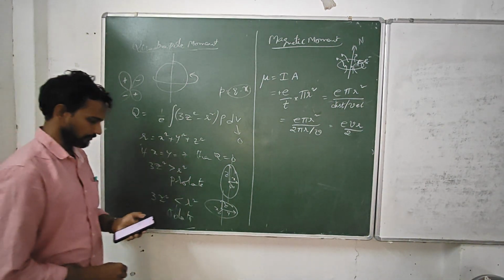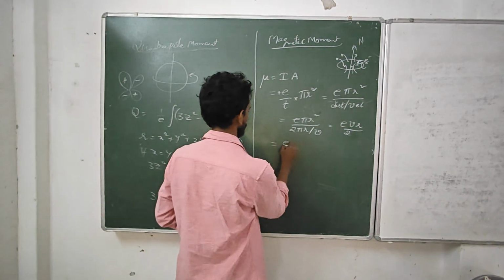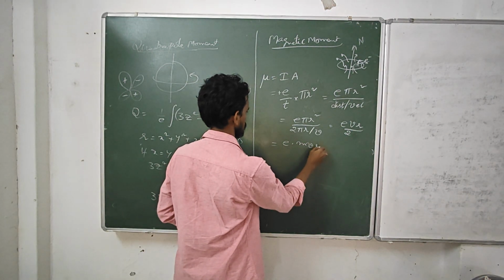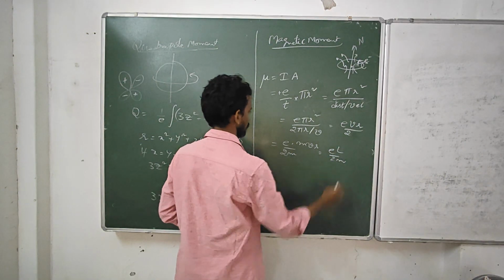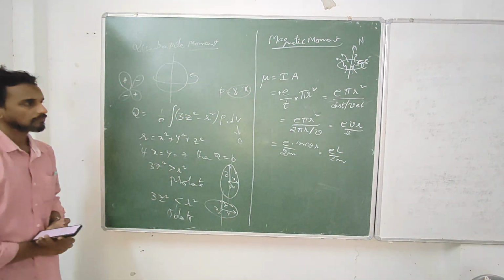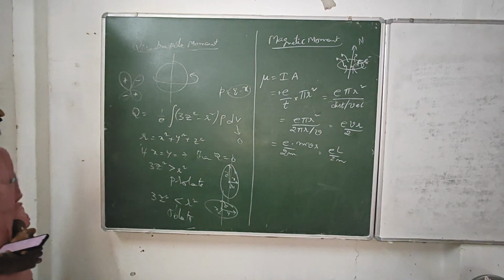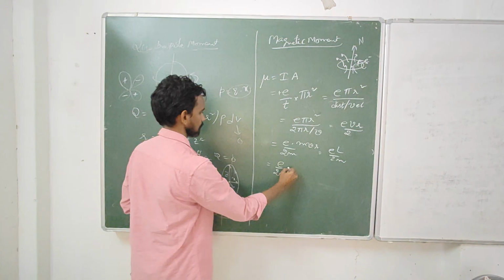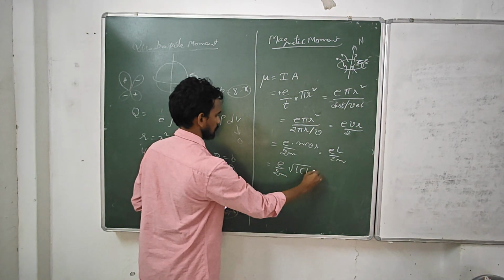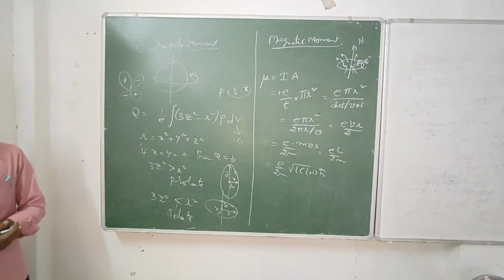So if we make some modifications, angular momentum by 2m times e. In terms of quantum numbers, it is square root of L into L plus 1 times h bar.